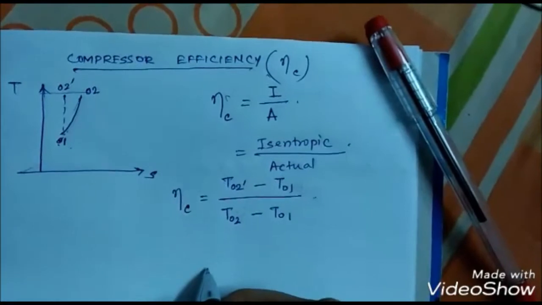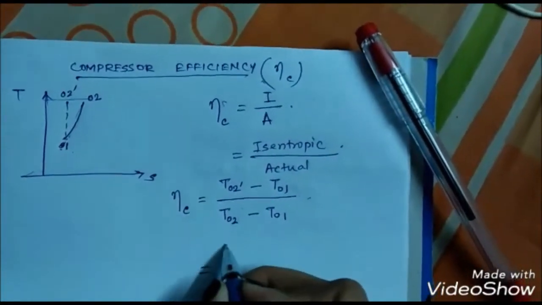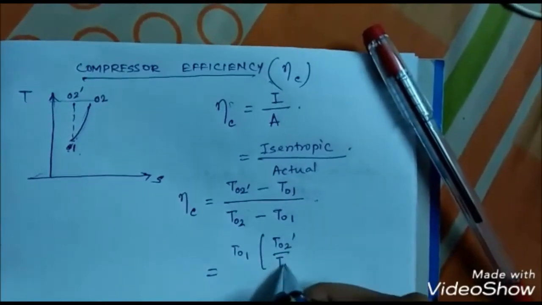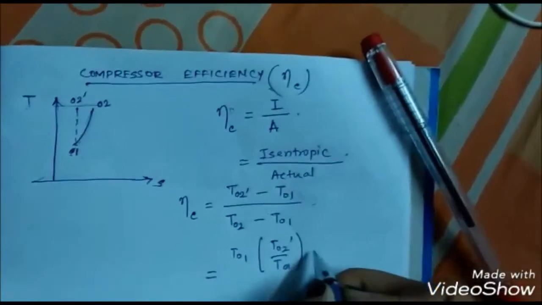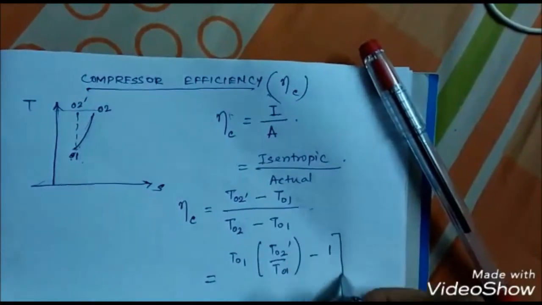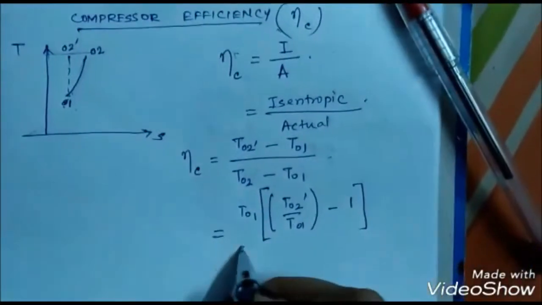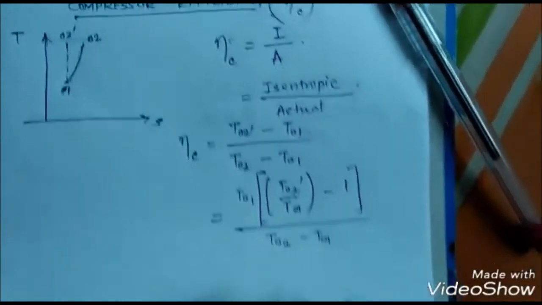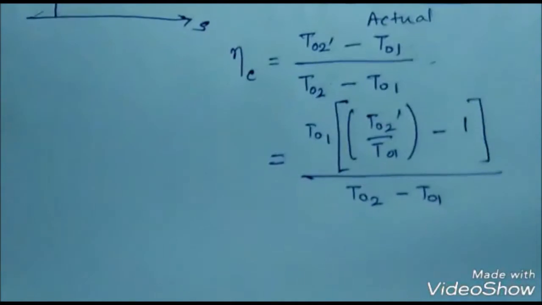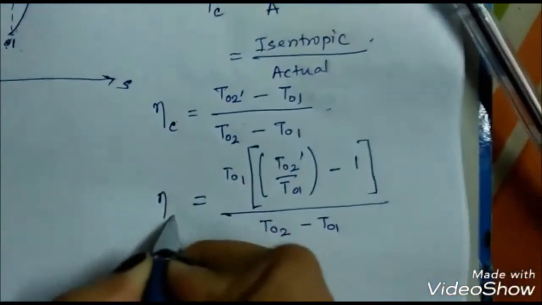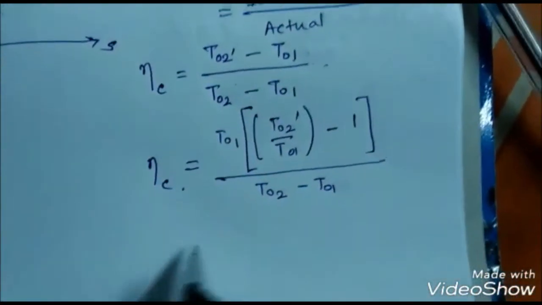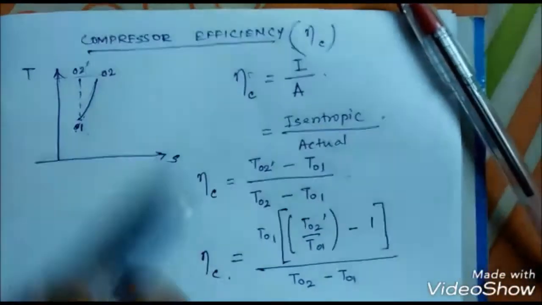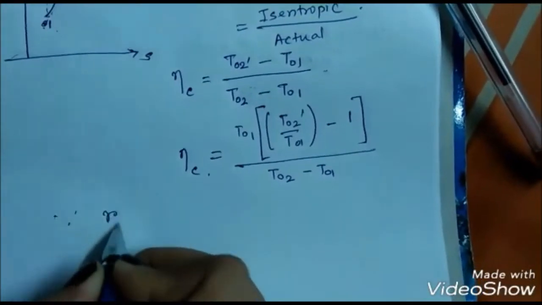Now in a similar way, we are going to take the T01 common. T02 dash by T01 minus 1, divided by, let it be like that, no need to change, is equal to eta c. Now this is a compressor, so we know that there will be a compression ratio.